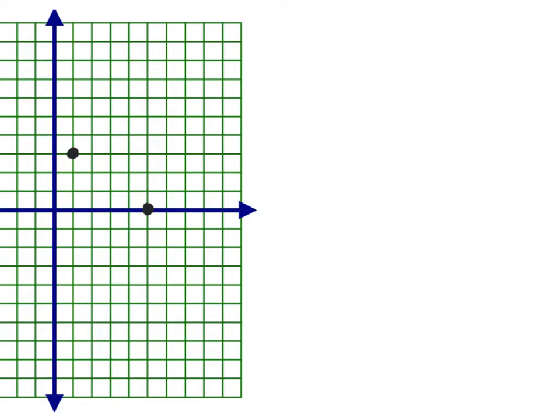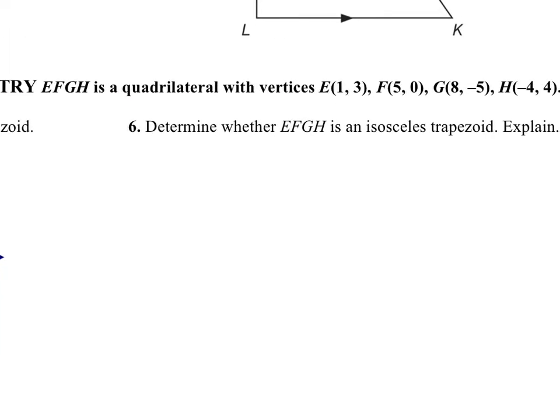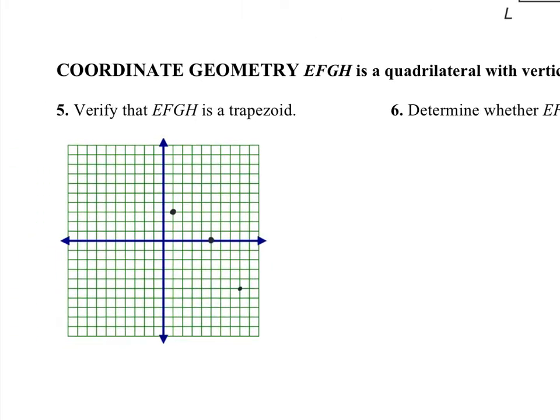So we've got 1, 2, 3, 4, 5, 6, 7, 8, then 1, 2, 3, 4, 5, right here. And then we've got the point negative 4, 4.